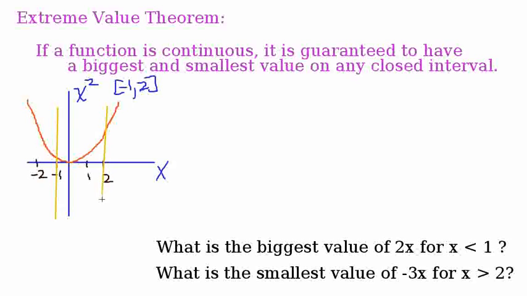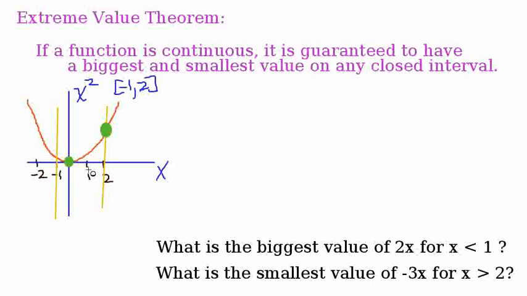We need the biggest and smallest values between these yellow lines. It should be obvious that the biggest value occurs at x equal to 2 at that green dot, and the smallest value occurs at x equal to 0 at that green dot.